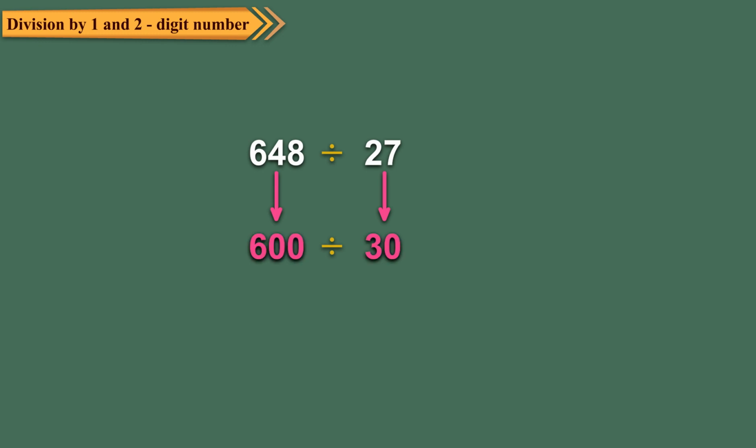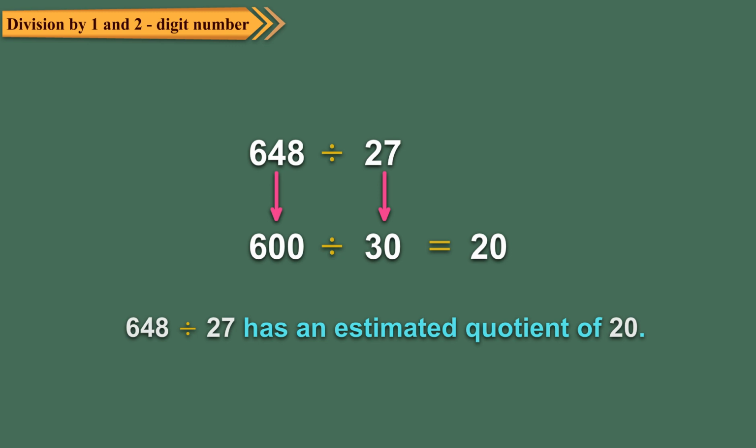To solve 600 divided by 30, think of 60 divided by 3. Since 60 divided by 3 is equal to 20, so 600 divided by 30 is equal to 20.